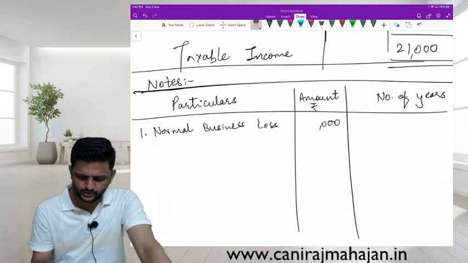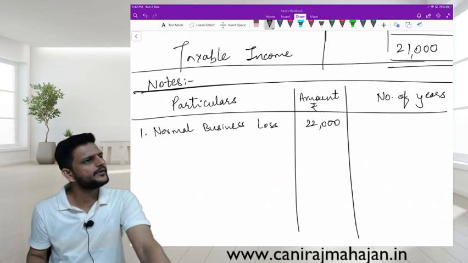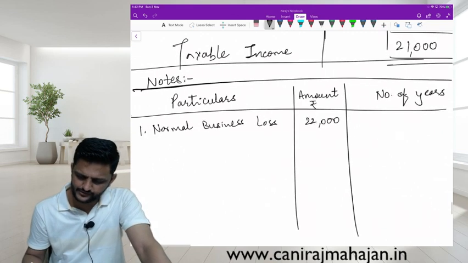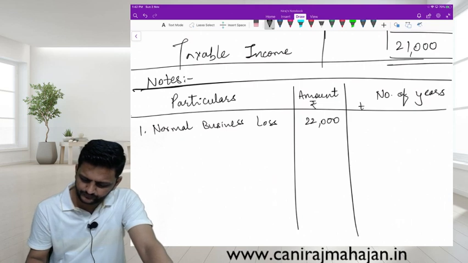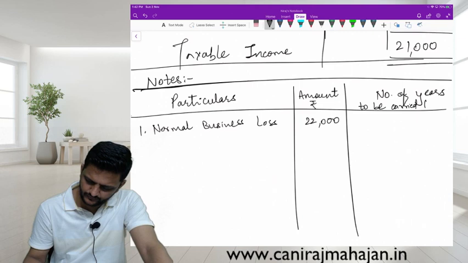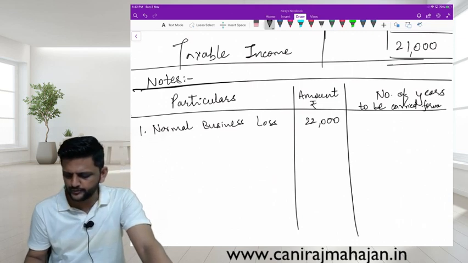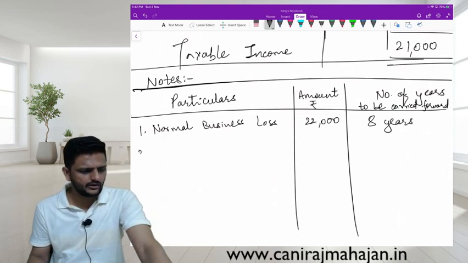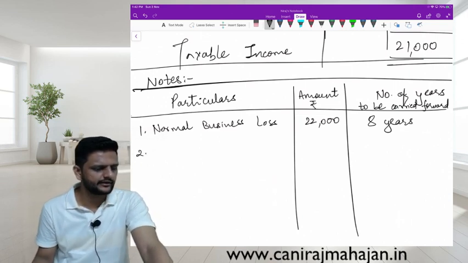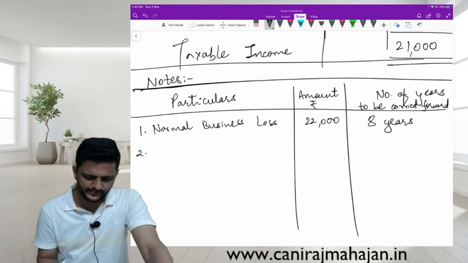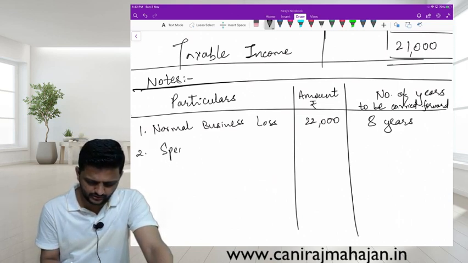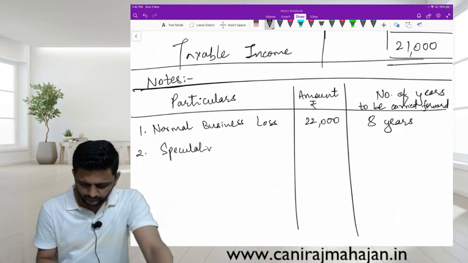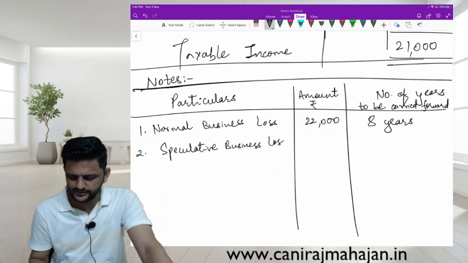Everything is current year's loss, no? Correct? So this will be carried forward for 8 years. So the number of years to be carried forward is 8 years. Second, what figure do you see in bracket? 4,000 speculative business loss. Could we adjust it at all?